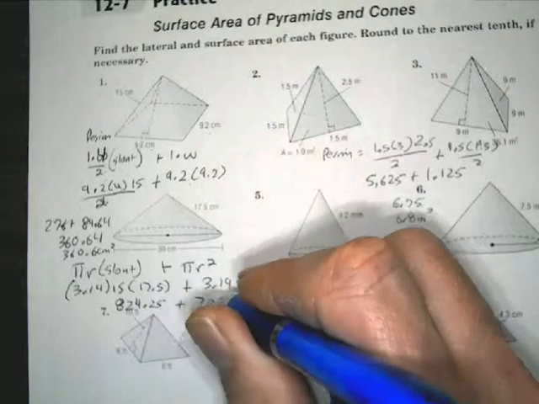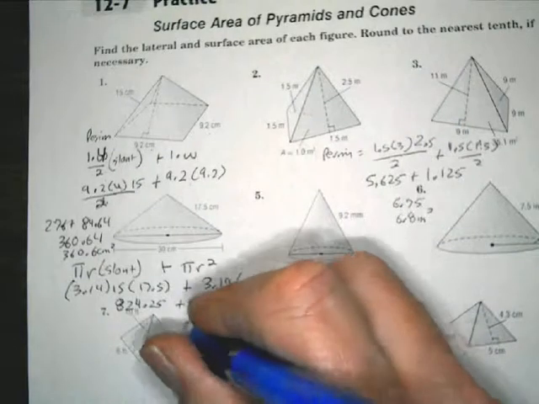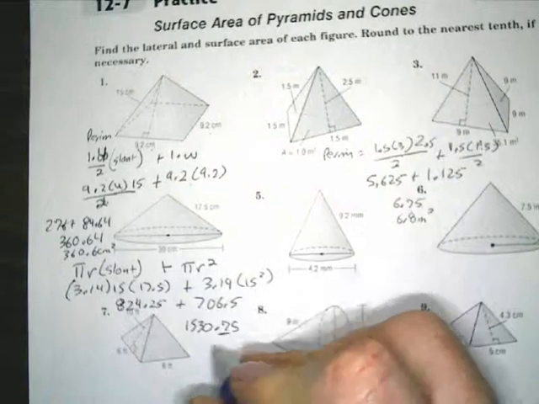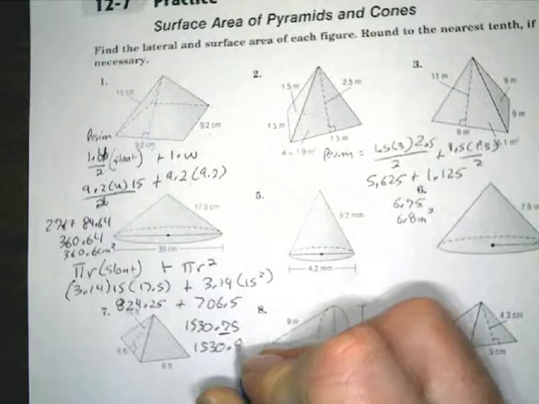At the end, add our two together. We should get an answer of 1530.75. Again, round to the tenth. 1,530.8 centimeters squared.